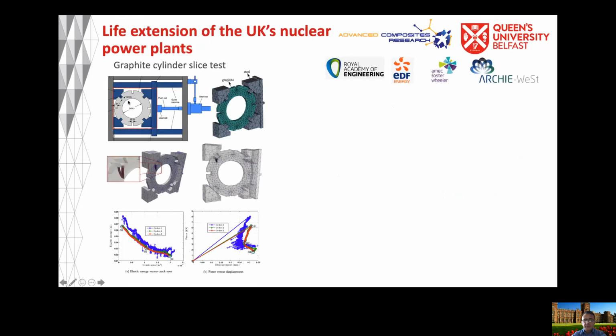I also worked on the life extension of the UK nuclear power plants. So as you can see in this figure here, it is a graphite cylinder slice test. These graphites are mainly used in the nuclear reactors.